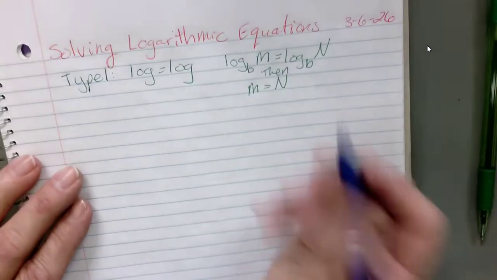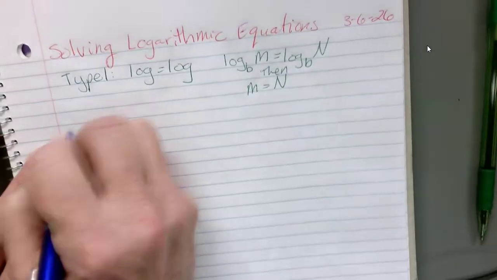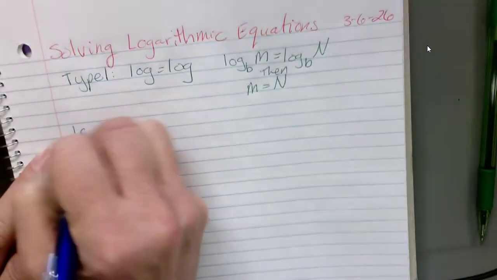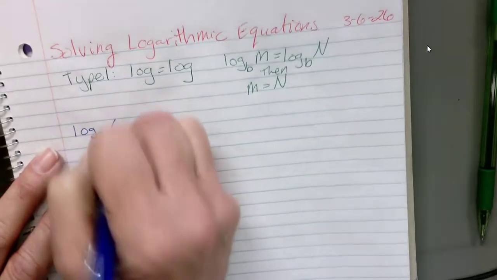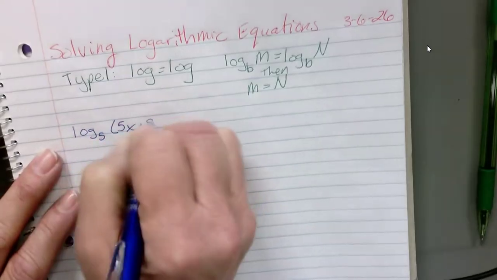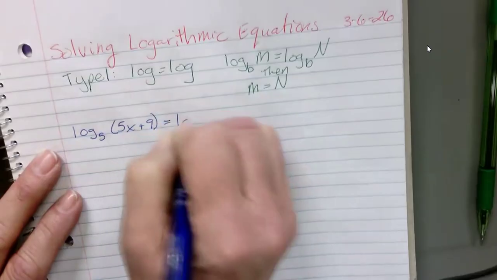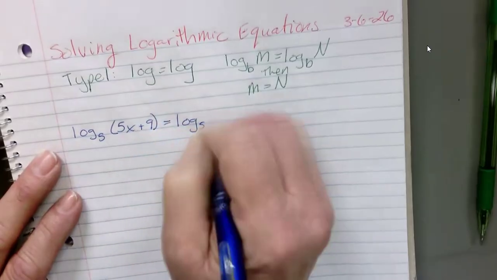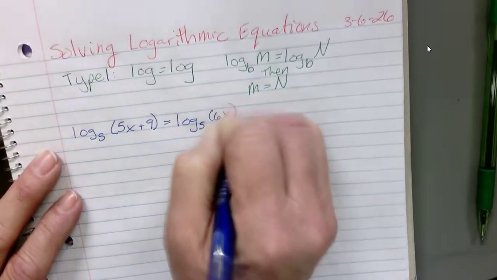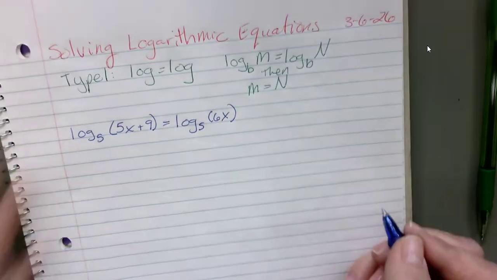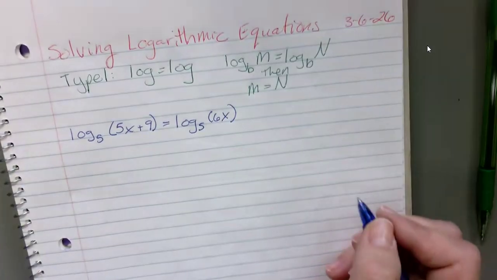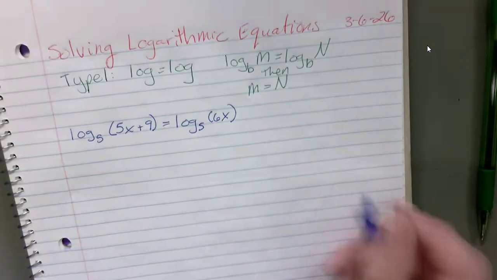Here's an example of that. If we have log base 5 of the quantity 5x plus 9 equals log base 5 of the quantity 6x. Step 1 said to condense both sides. This is fully condensed.